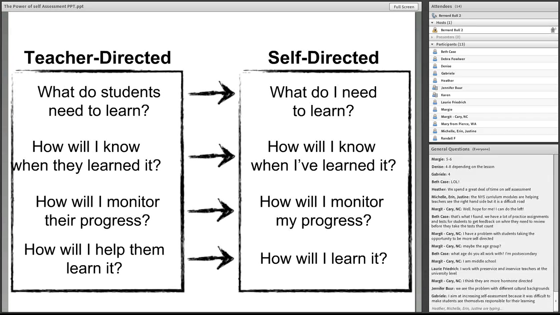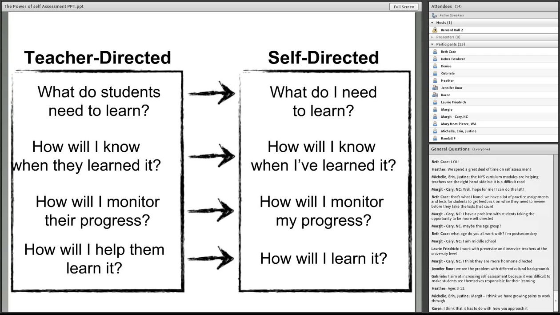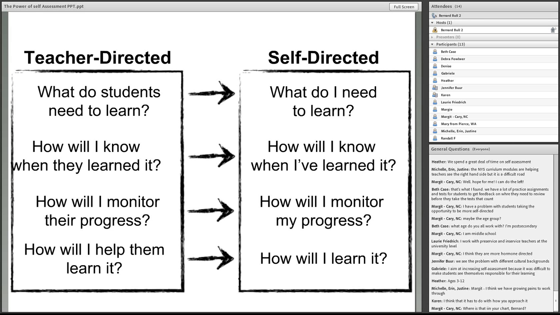So the age group as a factor, certainly age group may be a factor here. At the same time, I think we could argue, for example, the third one about monitoring progress. We can see young people at very young ages already begin to develop a growing capacity to monitor their own progress and to get a sense of how they're doing and how they're progressing toward a goal. We may keep it pretty concrete, but we can see young people do that.